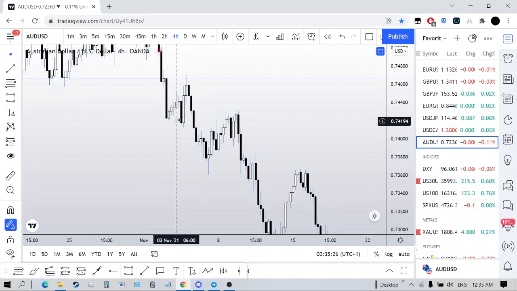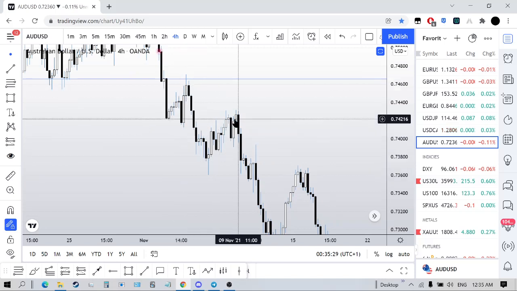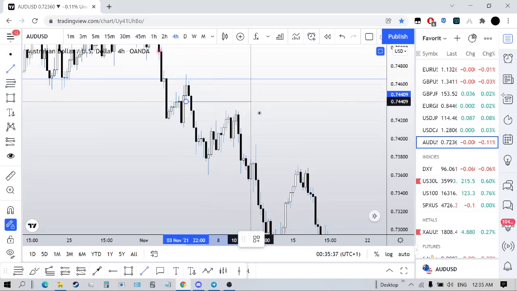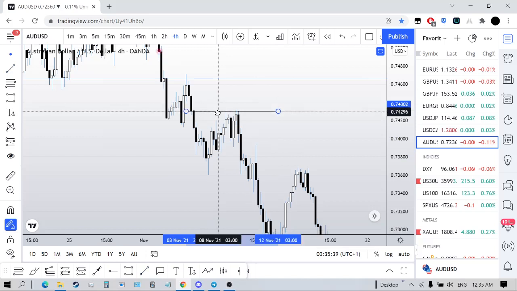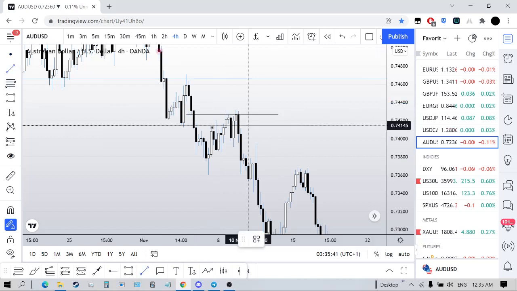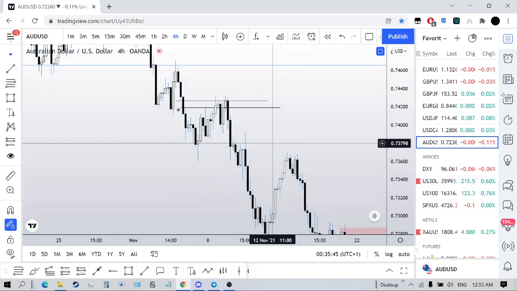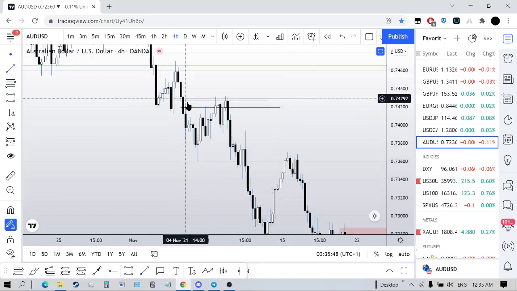So you have these two up close candles. I respected that right here. Fair value gap, look at the bodies, here and here. Fair value gap, two consecutive up close candles, respect.